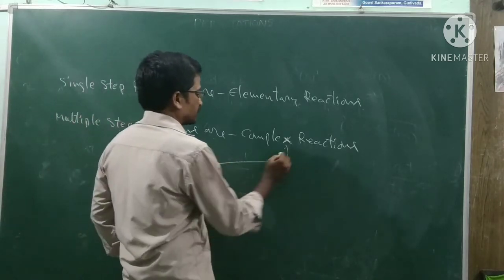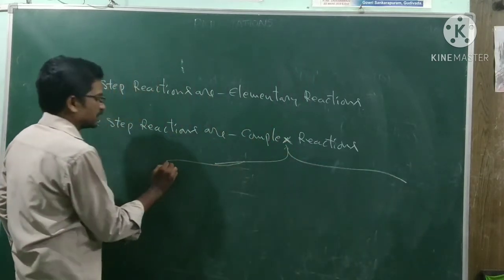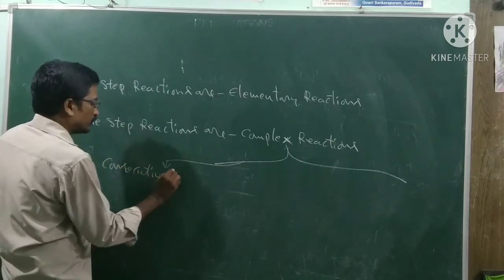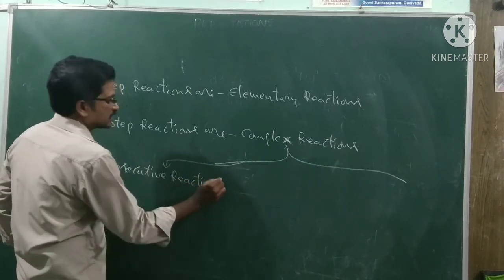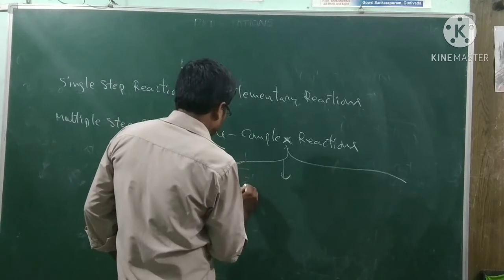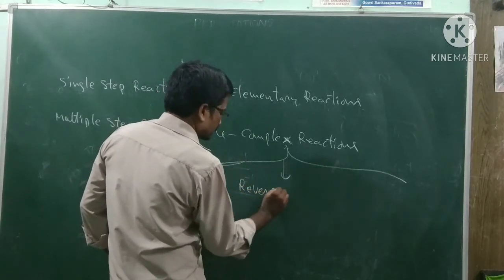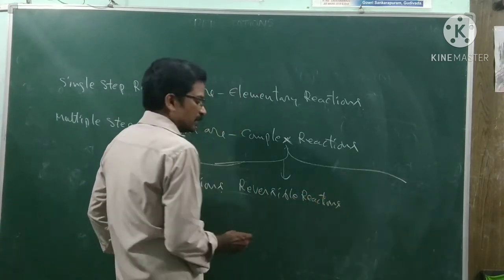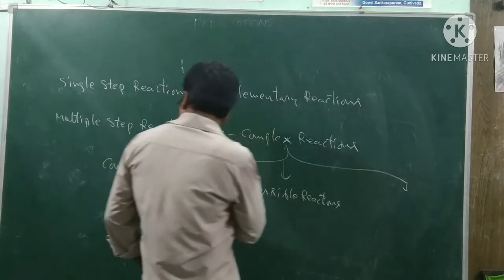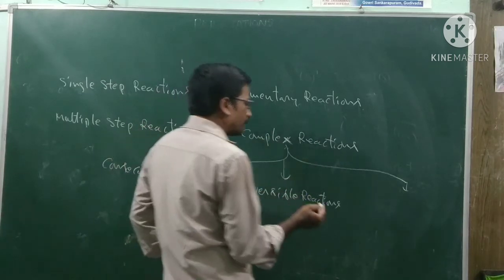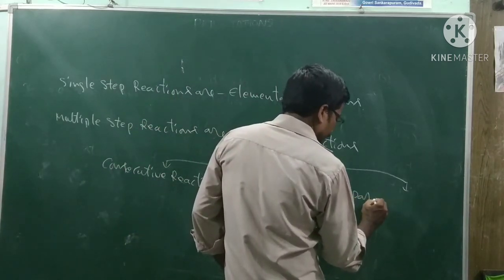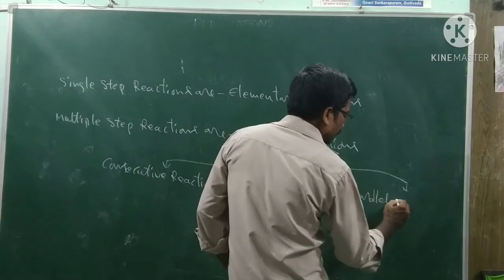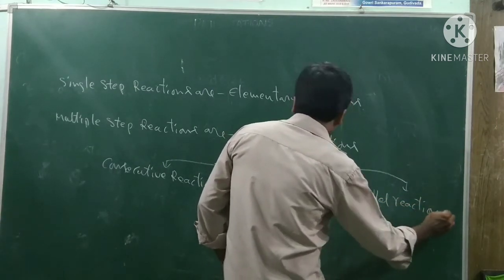Complex reactions are of three types. One is consecutive reactions, next one is reversible reactions, and next one is parallel reactions.